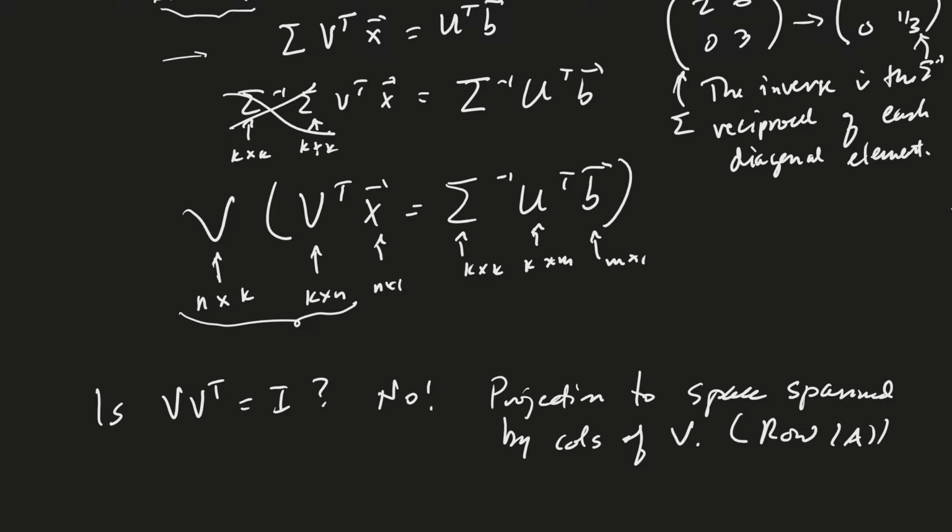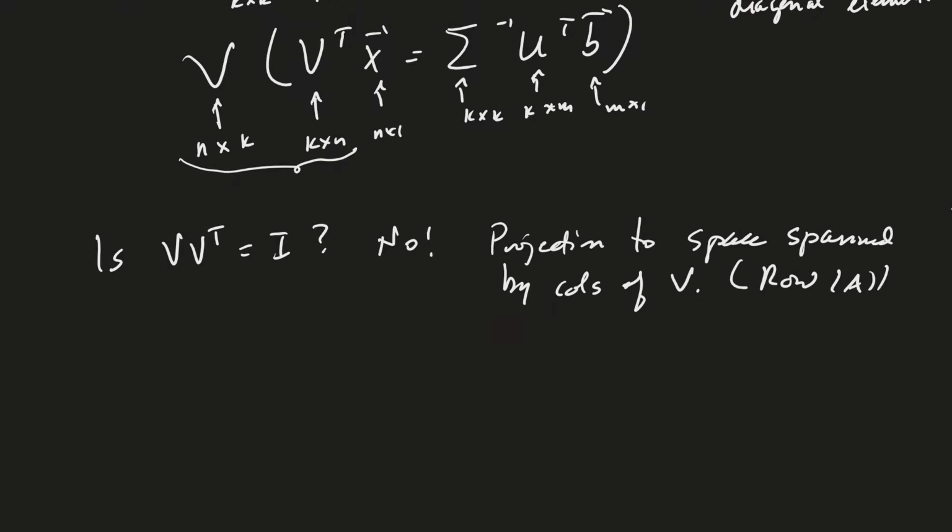So on this side, I can't simplify it any further. I could say this is V V transpose times X is equal to V times sigma inverse times U transpose times B. Right? So let's just call this X hat.